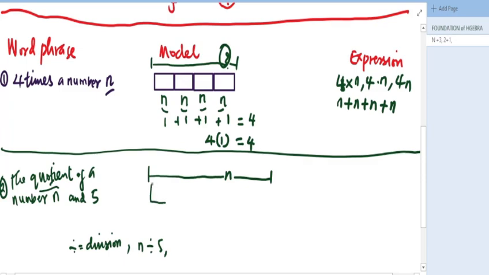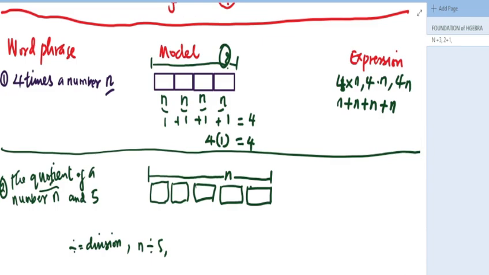So we need to have this, this, this, this, and this. In that case, we now look at what is the value of each. What would each part be? That's the answer we are looking for. But we already have these 5 together.